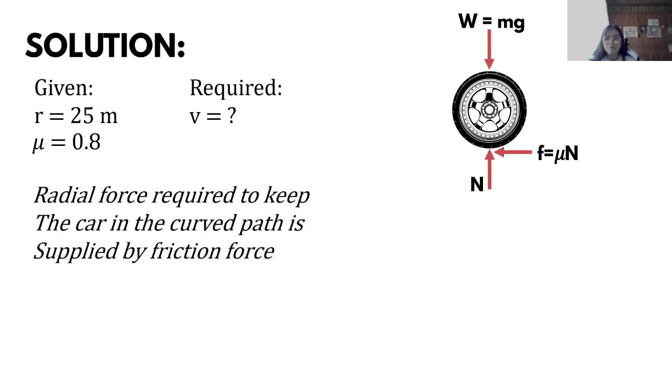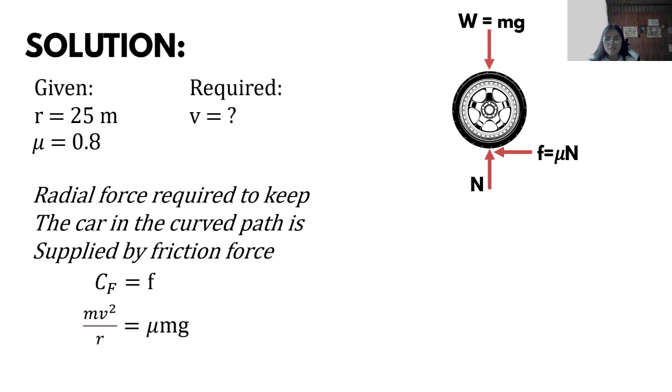The radial or centripetal force required to keep the car in the curved path is supplied by the friction force. So, para ma-maintain ang position ng car along the curved path, nag-e-exist ang friction force. So, we can say that CF is equal to the friction force.